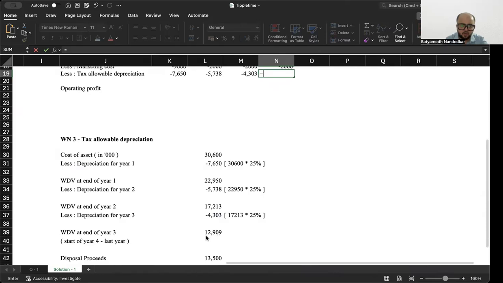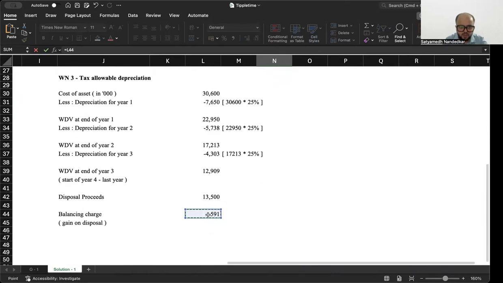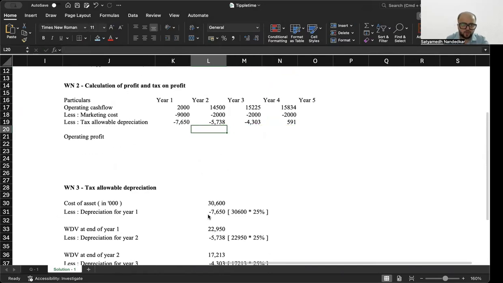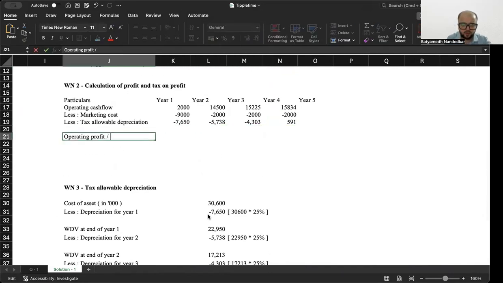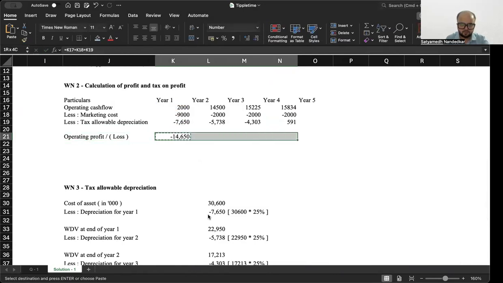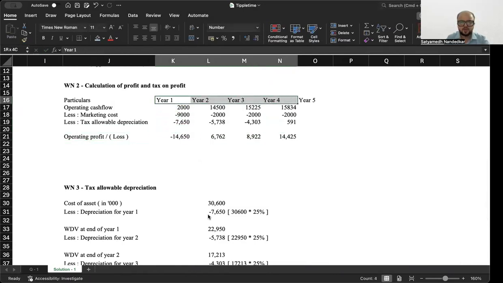In the last year, you don't have tax allowable depreciation, rather, you have a balancing charge. Now, what is my overall operating profit slash loss? If it's a negative figure, then it will be a loss. This is your year 1 to year 4 data.